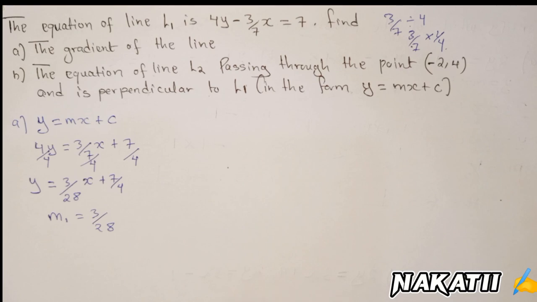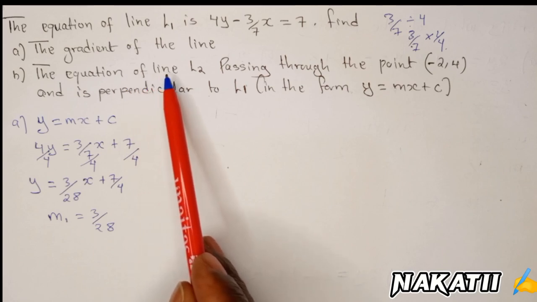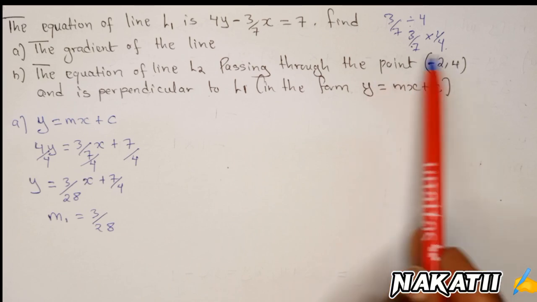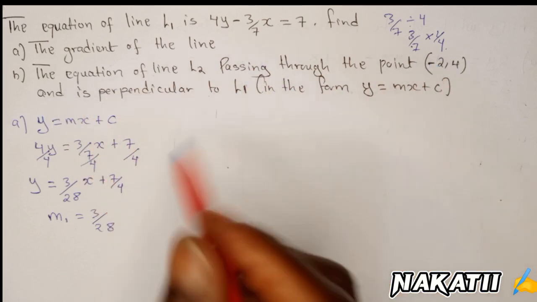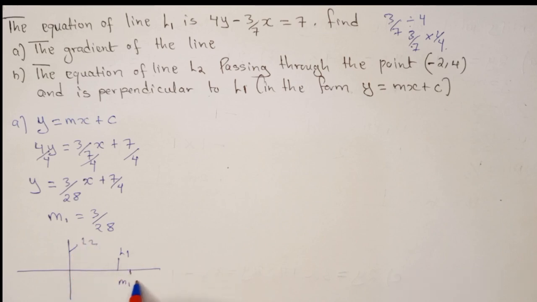Part B of the question, it says find the equation of line L2 that is passing through this point and is perpendicular to L1. So let me just sketch them here. Maybe this is L1 and this is our L2. We know the gradient of L1, M1, is 3 over 28.